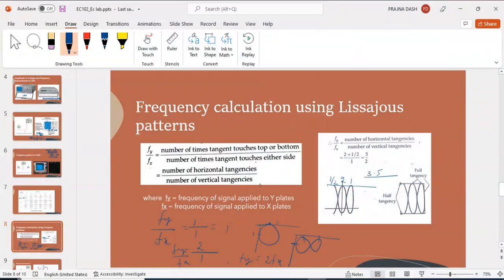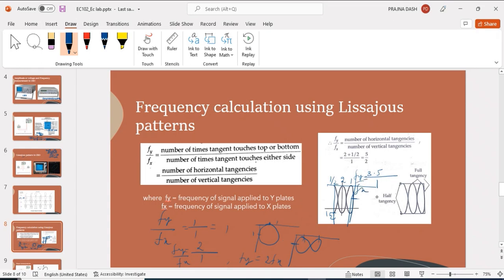And what is your vertical tangency? If you make a straight line, only at one point do we get the vertical tangency. Or if you draw the vertical line on this side, half plus half is 1. Either you can draw the tangent line here or here, so the vertical tangency is 1. So this Fy by Fx is equal to 3.5 by 1.